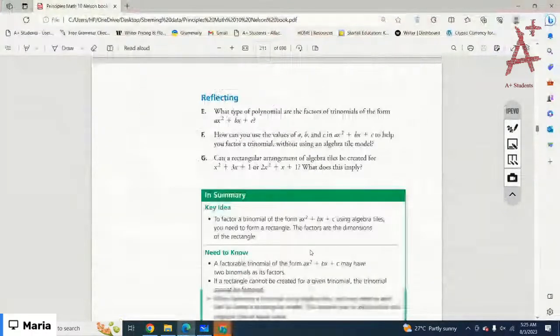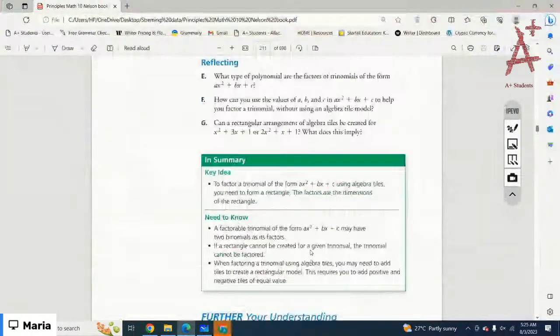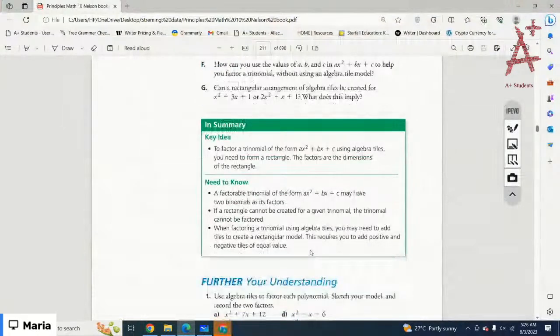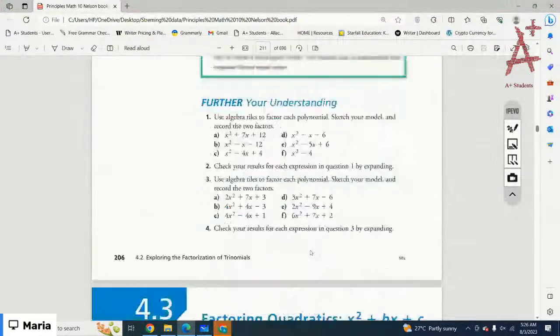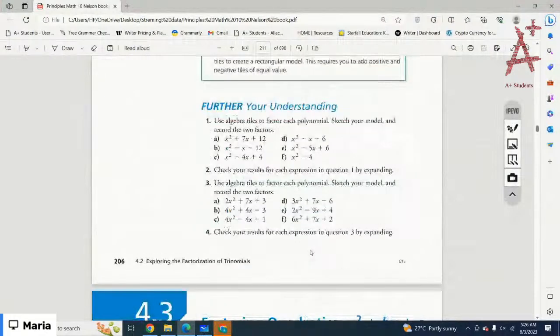To factor a trinomial of the form ax squared plus bx plus c using algebra tiles, you need to form a rectangle. The factors are the dimensions of the rectangle. Let's start with the questions. Use algebra tiles to factor each polynomial. Sketch your model and record the two factors.